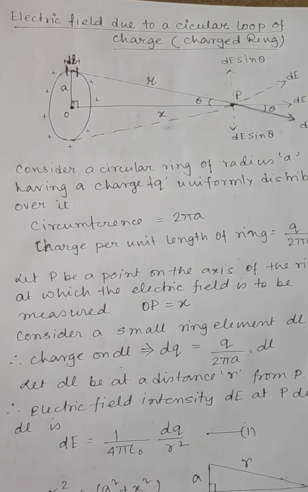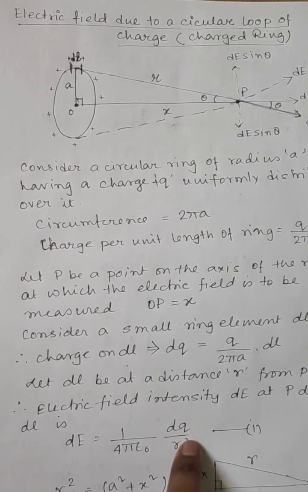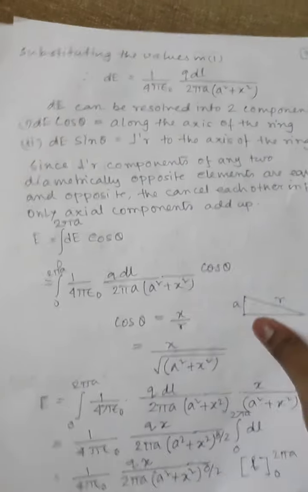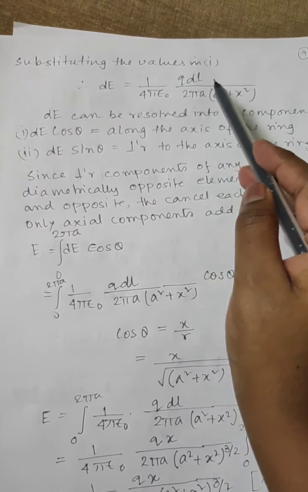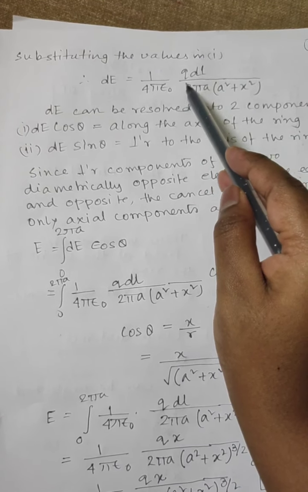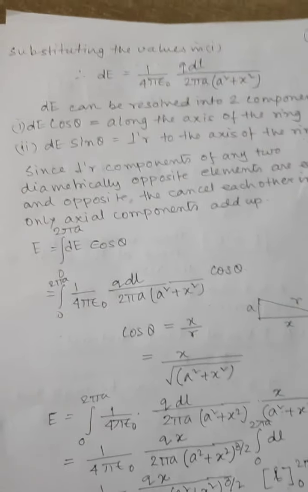So we will substitute dq with this value and r square with this value in equation 1, and we will get dE equals 1 by 4 pi epsilon naught q dl by 2 pi a into (a square plus x square).